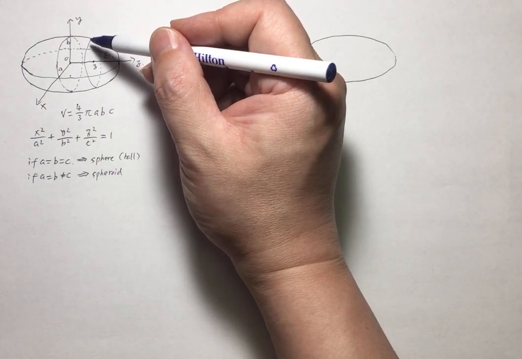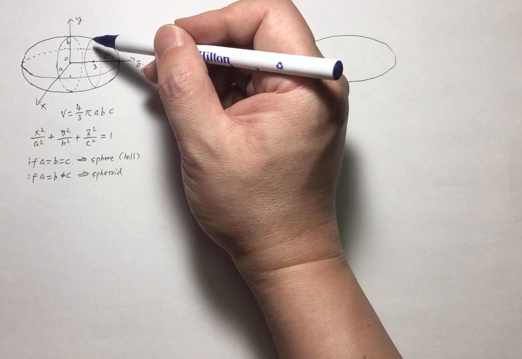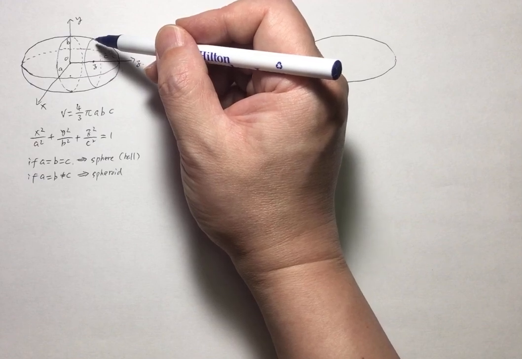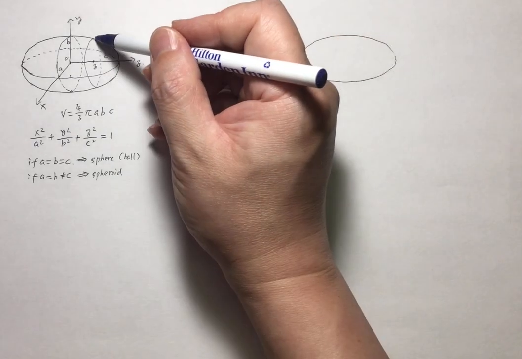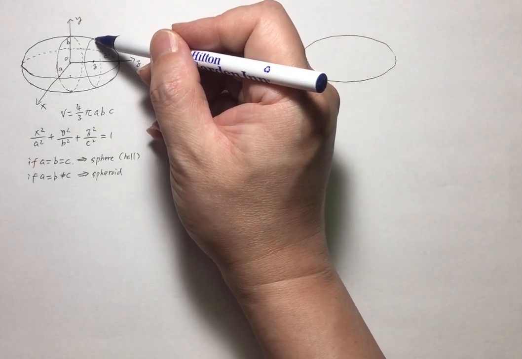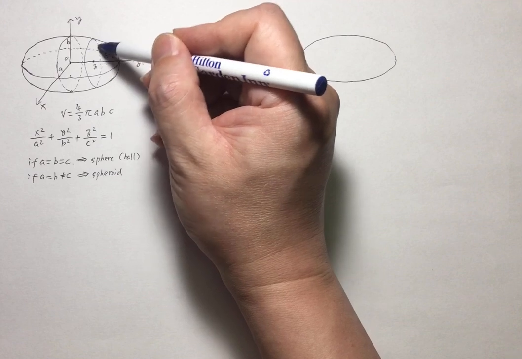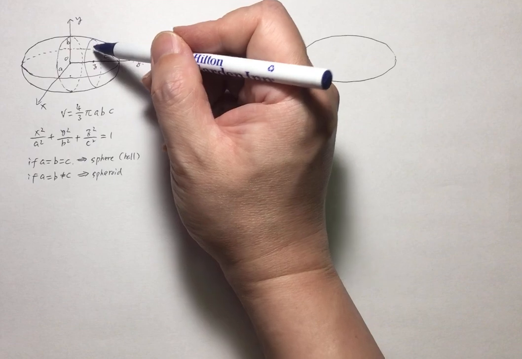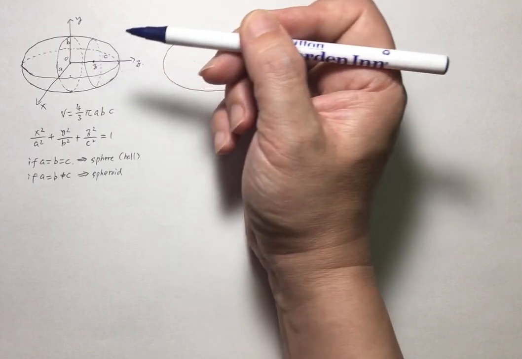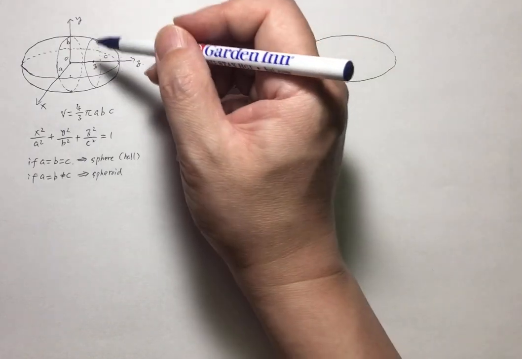Then we get the volume of the ellipsoid. This is the central idea of the integral. So in order to get the volume of this thin slice, we need to know the surface area of this slice, which is an ellipse.